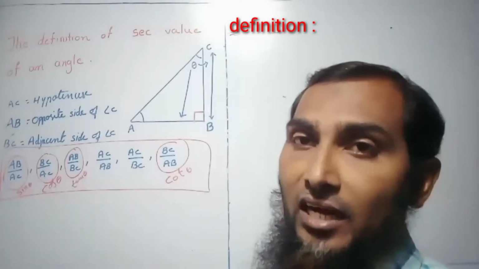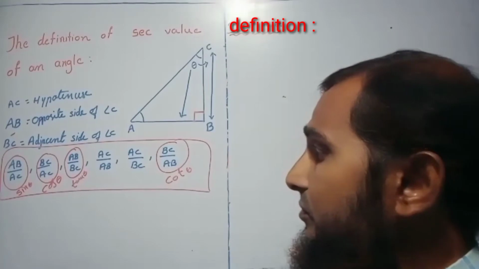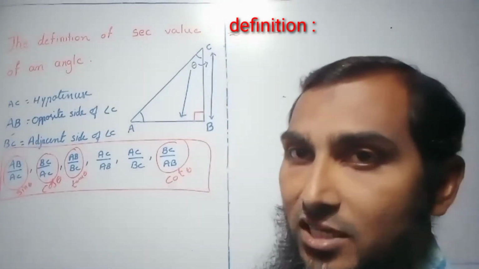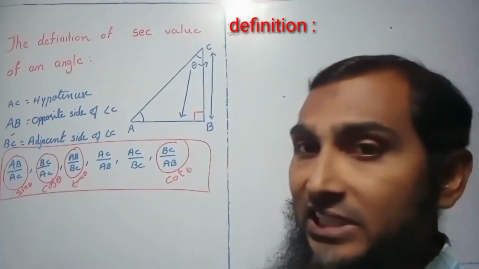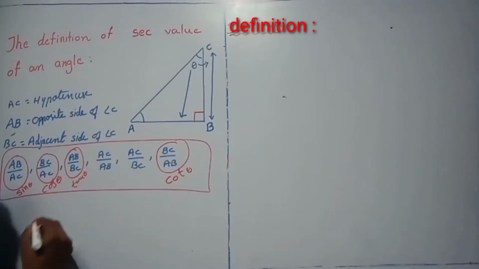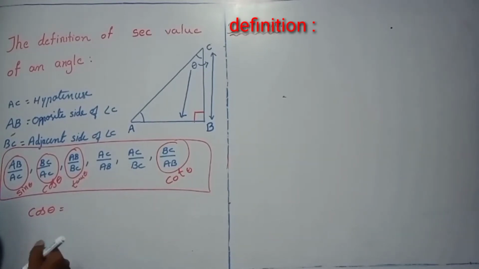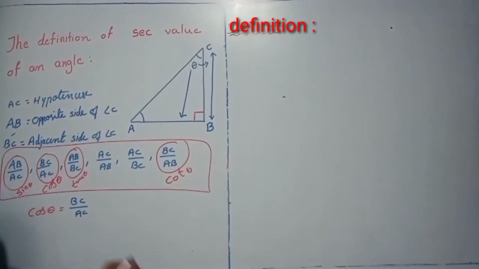So what is called secant theta here? Very important. Before taking secant theta, first write cos theta. The cos theta ratio is clearly appearing on the board: BC by AC.